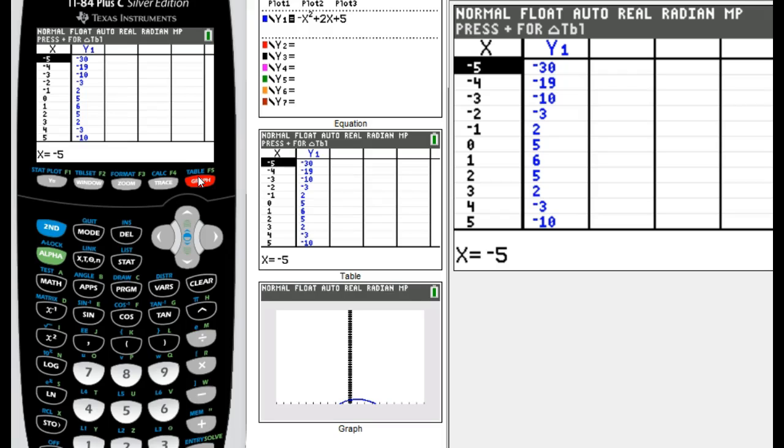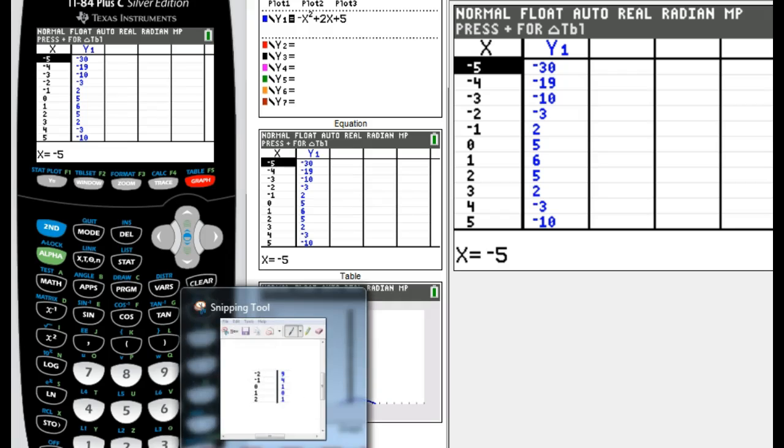So we can go from -3, -10, right here, all the way to 5, -10. And it kind of loops between there. So again, I'm going to cheat and use my snip tool. You guys can just have two things out at the same time, old school way.